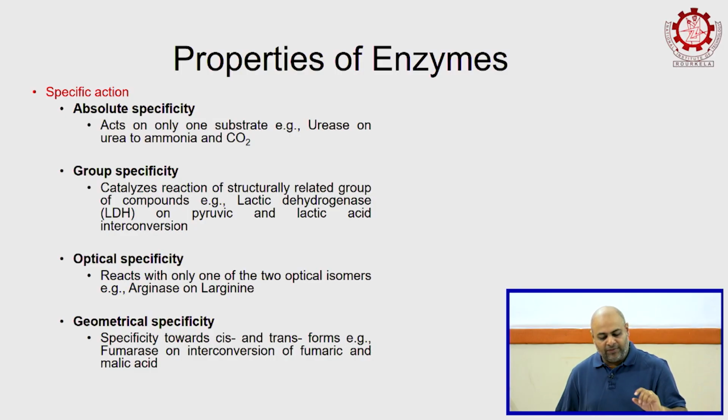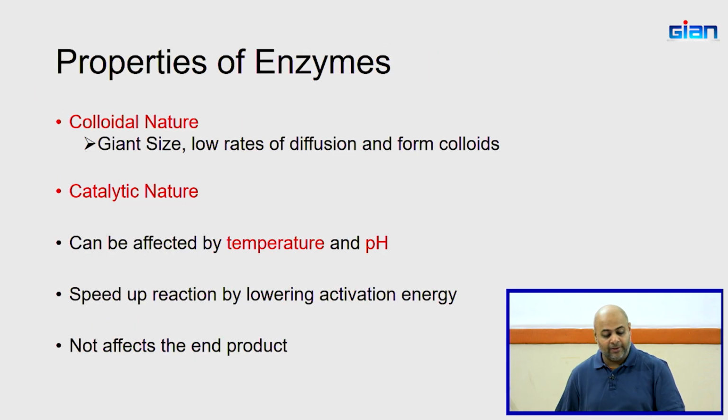The group specificity would be, if they are structurally related groups, it can act on both structures. Optical specificity would be to work on the optical isomers, and geometrical specificity would be specificity towards cis or trans forms, like fumarase, for the interconversion of fumaric and malic acids.